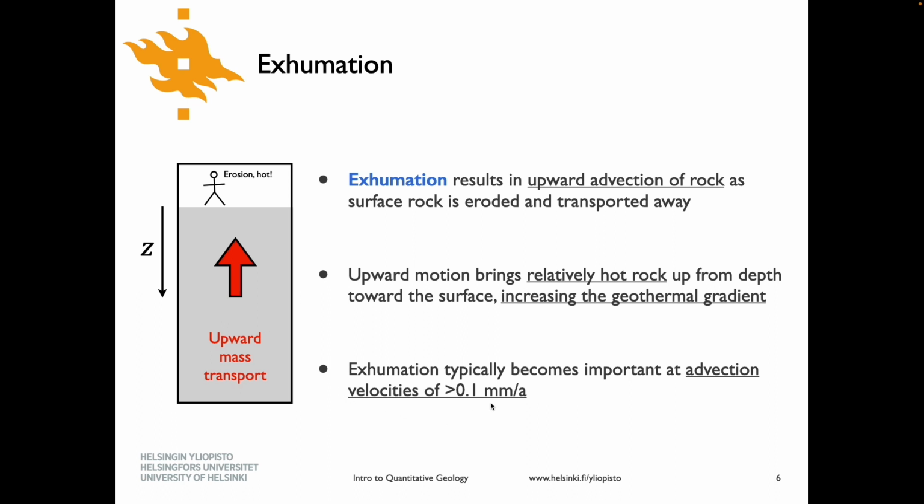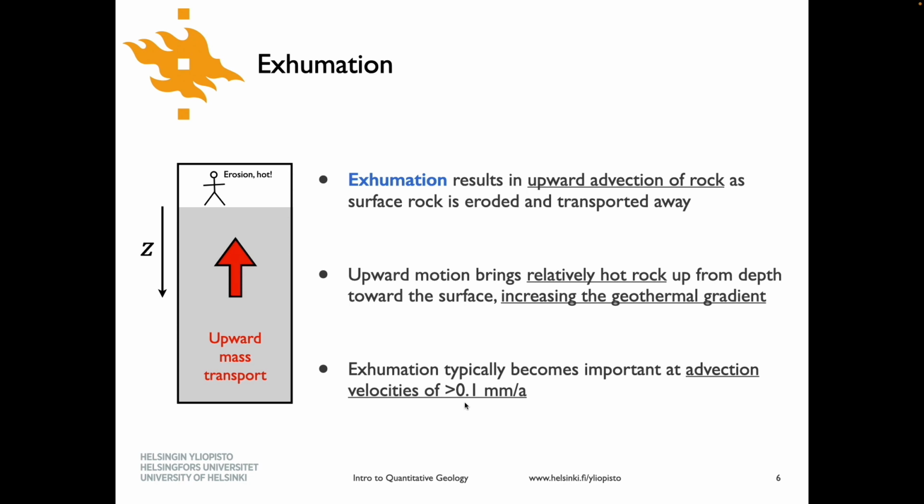And usually, as far as the process goes, if it's happening at more than about 1/10 of a millimeter per year, it's important to consider in your temperature calculation. So there's a lot of places where exhumation rates are slower than 1/10 of a millimeter per year. I'd say pretty much almost everywhere in Finland this would be the case. Rates of bedrock erosion are extremely slow here because there's not that much topography.